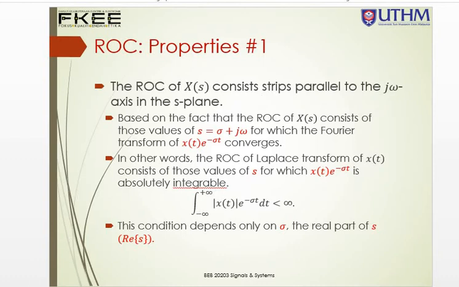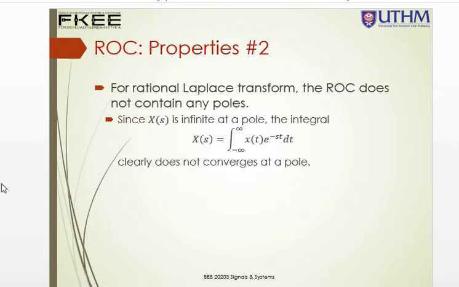So property 1 is that the ROC should be parallel to the j omega axis in the s-plane. Second property: the ROC does not contain any poles.